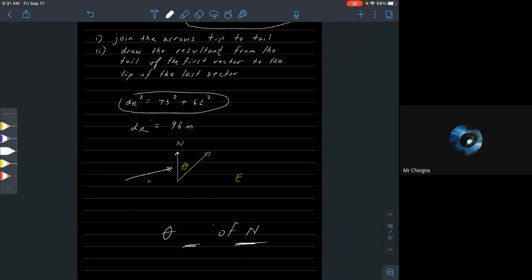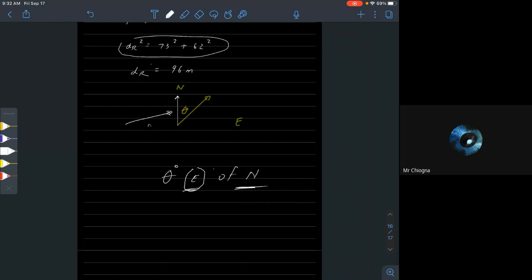We have to say something of north. So the first direction here is defined by the direction that the yellow arrow is leaning. Is it leaning to the east or to the west? It's leaning to the east, so we write east of north. Theta degrees. We'll figure out the angle later.